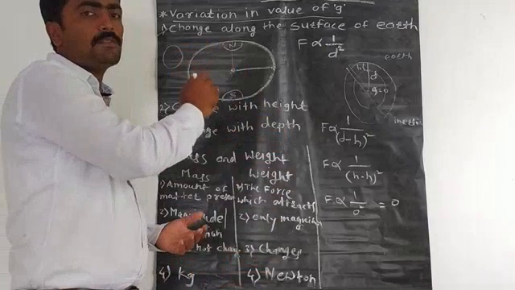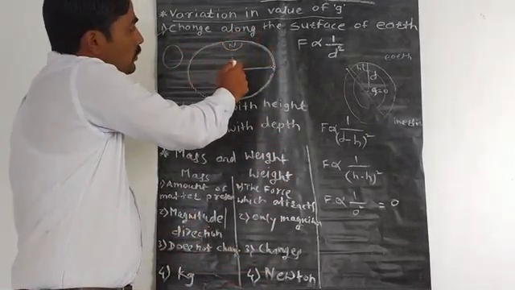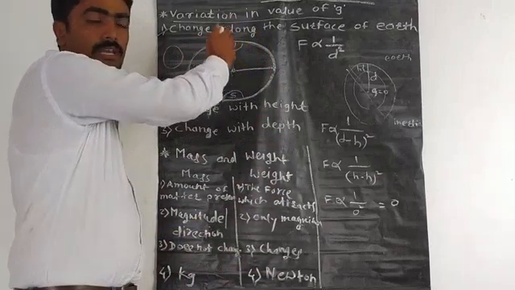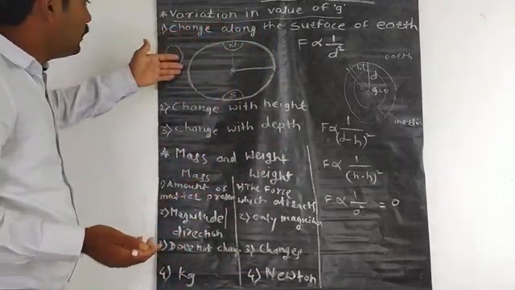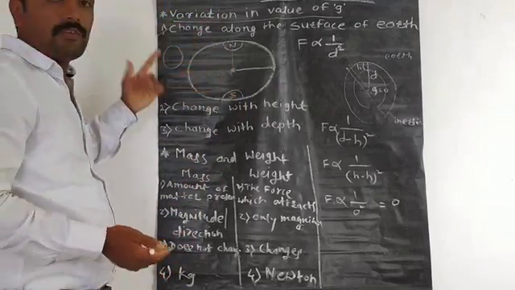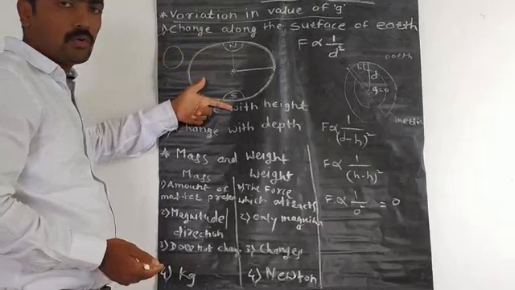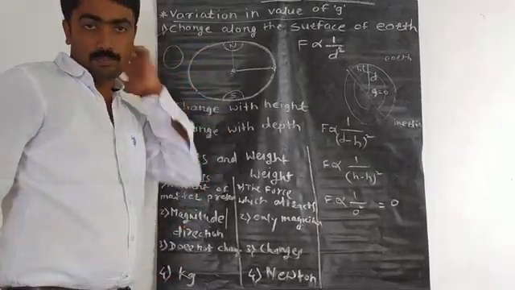But if you go to the north pole, the distance from the center of the earth is minimum, then the gravity will be maximum. Again, if you come to the equator, the distance will be maximum, gravity will be minimum. Again, if you come down to the south pole, the distance will be minimum and gravity will be maximum.